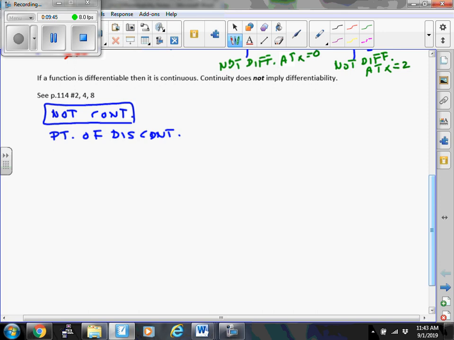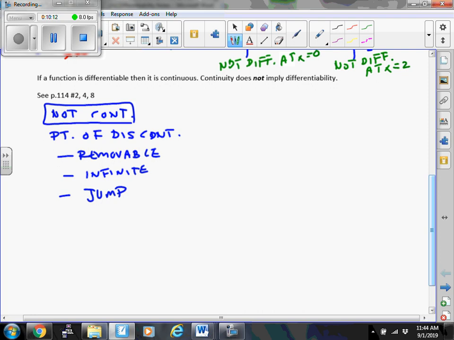Well, let's see. We had removable, or a hole. We have infinite. In other words, it has a vertical asymptote. And the last one is jump, usually created by a piecewise function.